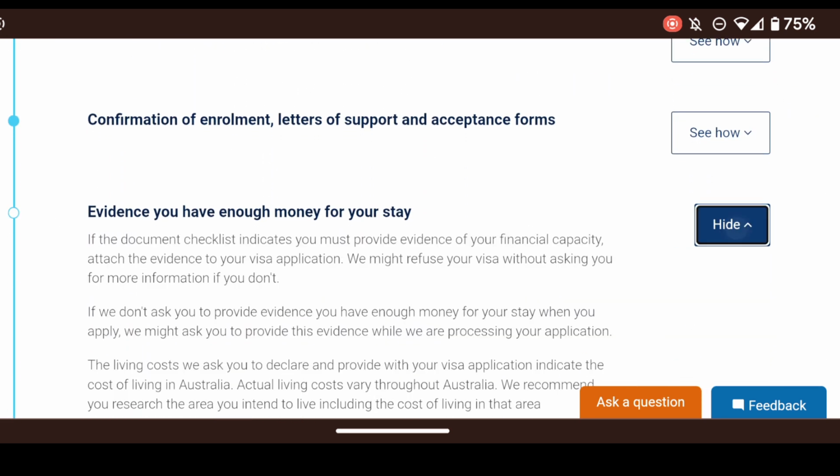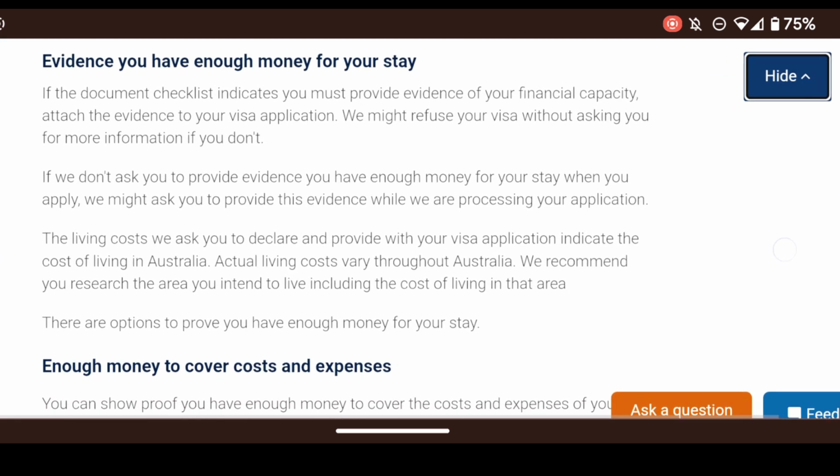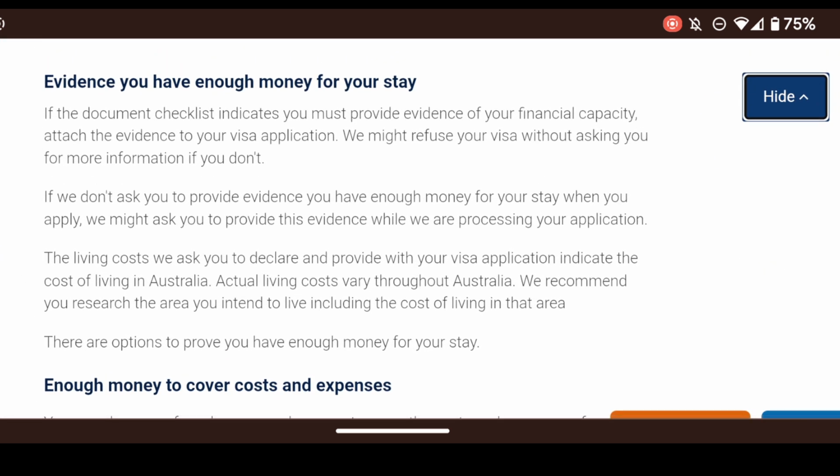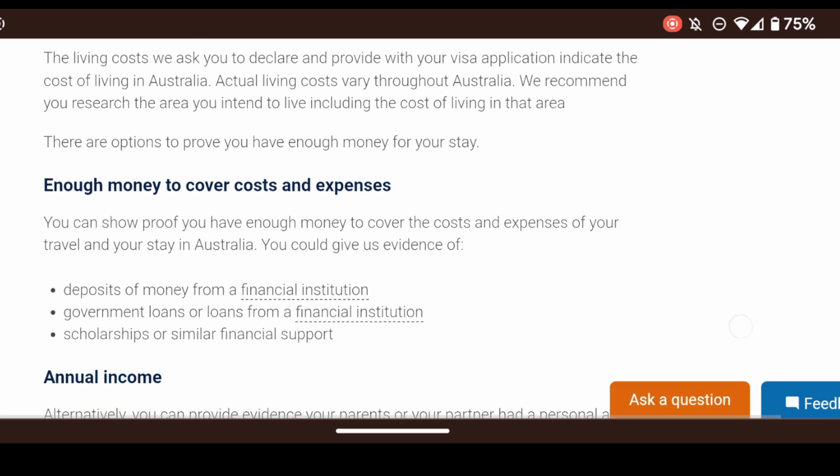Show more information under evidence: you have enough money for your stay in Australia. Here there is a detailed explanation on how you will provide this evidence and the amount of money you have to provide, everything in Australian dollars. Then you convert it.